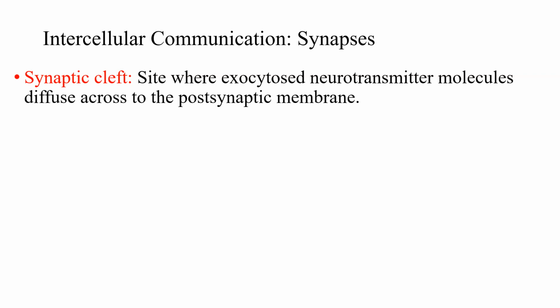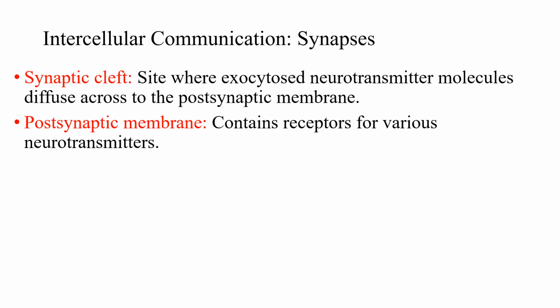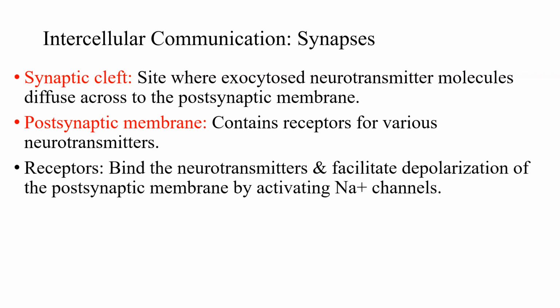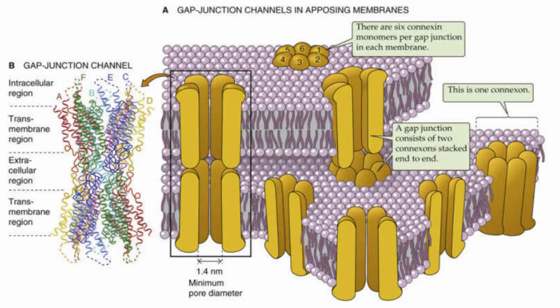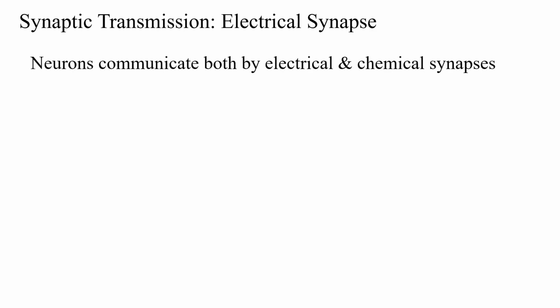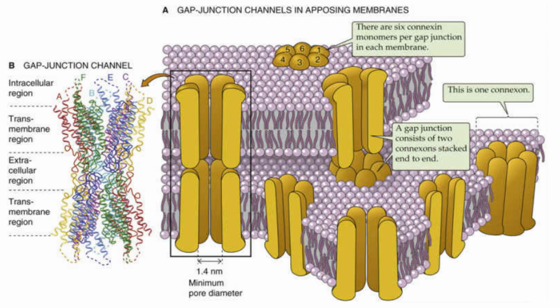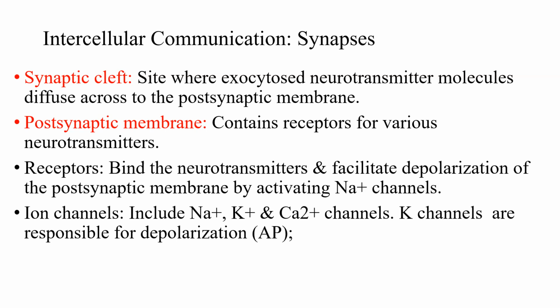So intercellular communication, how two cells communicate at the synapse, right? I think there is a figure. Here two neurons coming, right? From here impulse coming, right? They are dendrites.